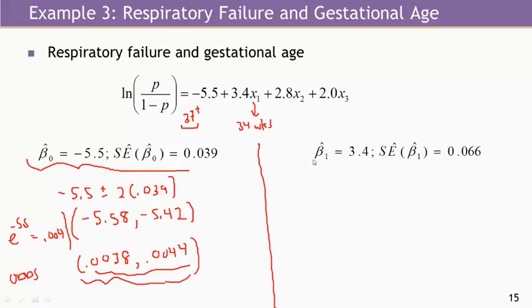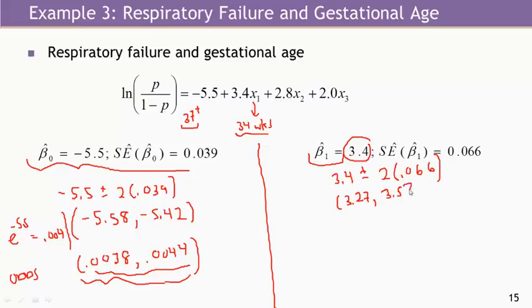If we wanted to get an odds ratio for a comparison of the relative odds of respiratory failure for those most premature in our data set, those with the gestational age of 34 weeks, compared to this reference group, well, we have the estimated log odds ratio of 3.4. We add and subtract 2 estimated standard errors. If we do the math, we get a confidence interval here on the log odds ratio or slope scale, 3.27 to 3.53.